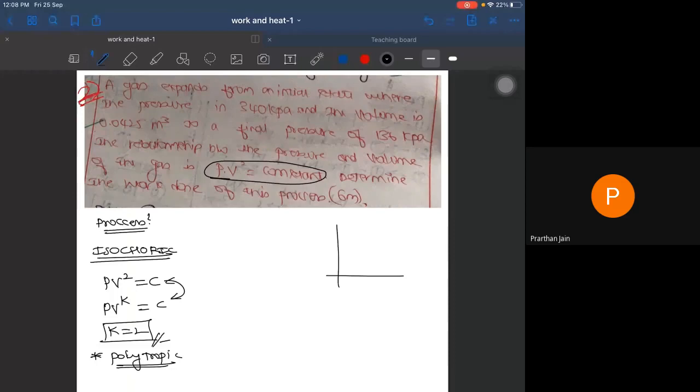So before deciding the states, whether the state 1 would come here or whether the state 2 would come here, we shall go in depth within the problem statements once again. Should I keep it or not? Let it be. Now, see, he says the gas expands from the initial state where the pressure is.